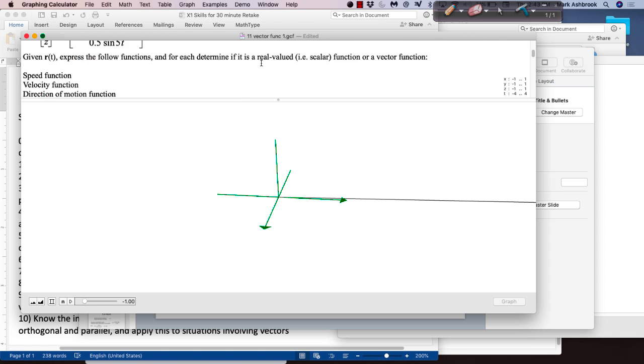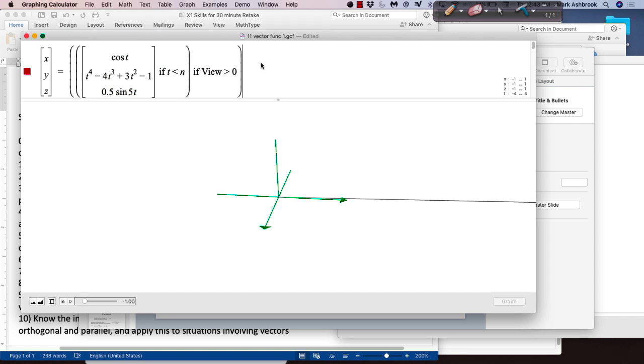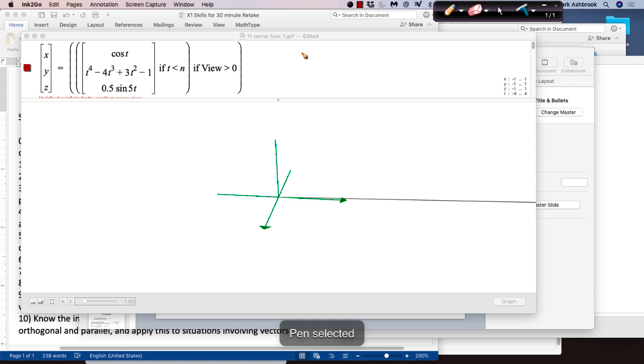Here's the vector function. They're usually written horizontally, but just for this program that I use, you put them in vertically.